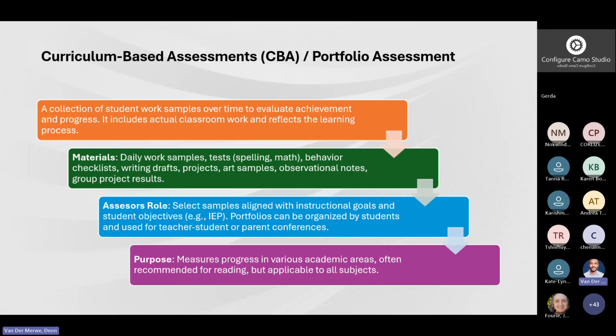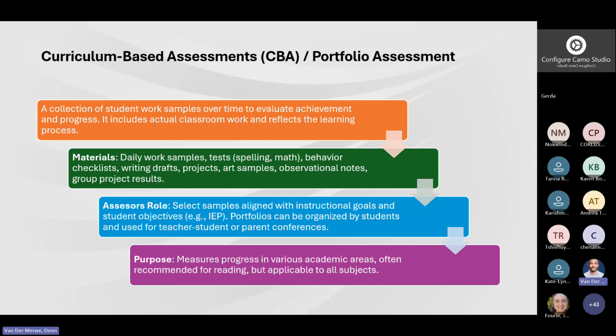And then we also have the curriculum-based assessment. Some people call it the portfolio assessment. In the CBA, you as the assessor would have to collect a variety of the work that the learner has produced. These samples are used to evaluate the learner's current progress and how they are developing.